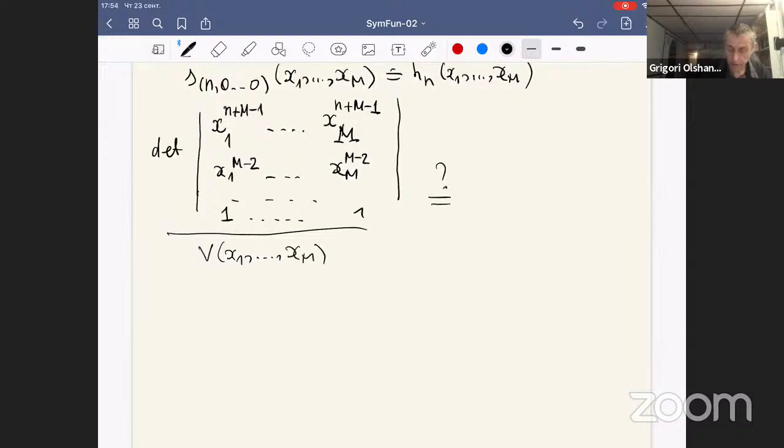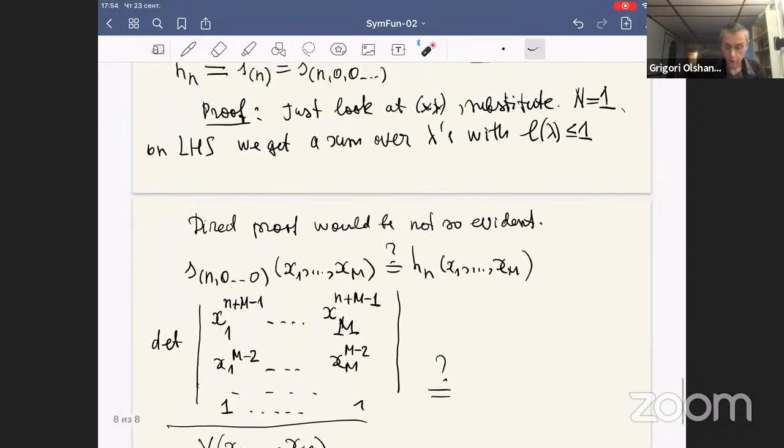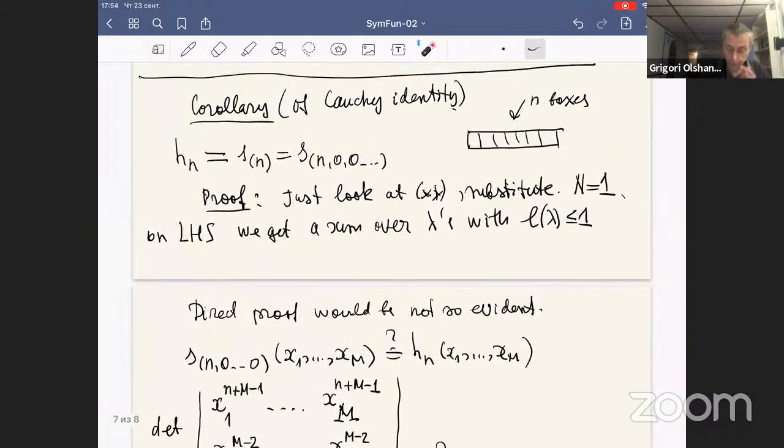And why is it equal to the right-hand side? Okay, it's not evident. But modulo the Cauchy identity, the proof is trivial. Okay?